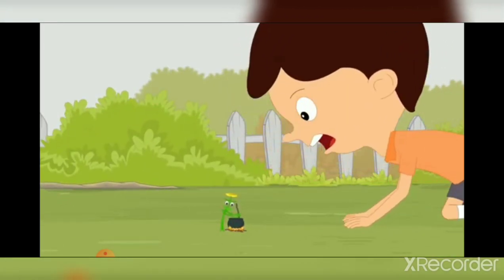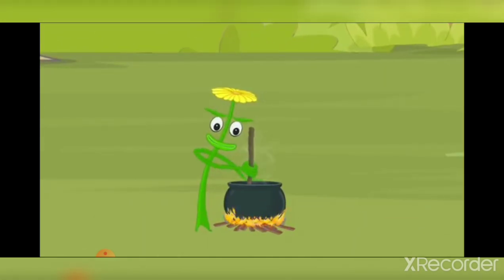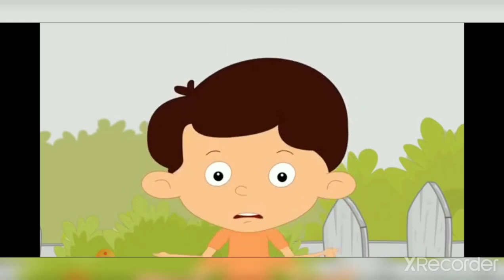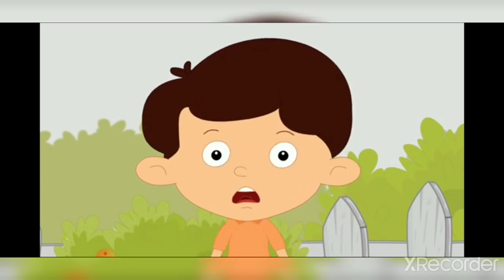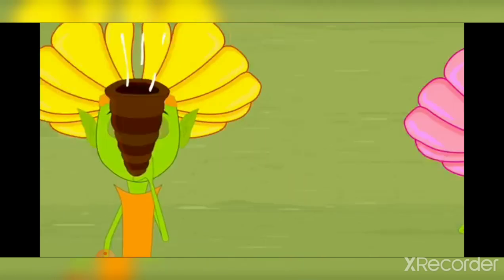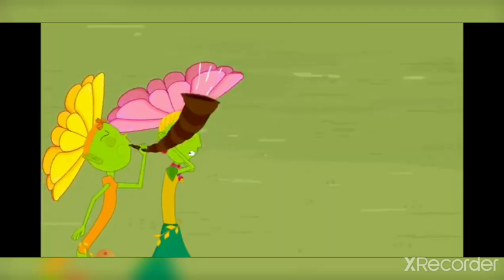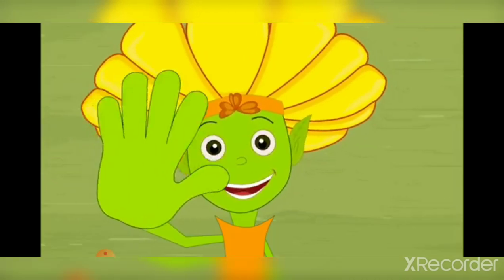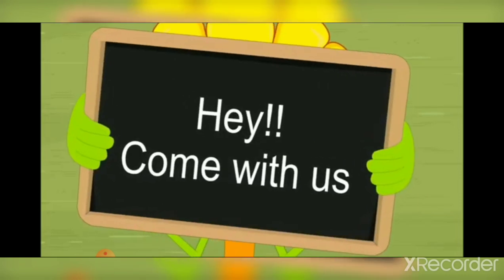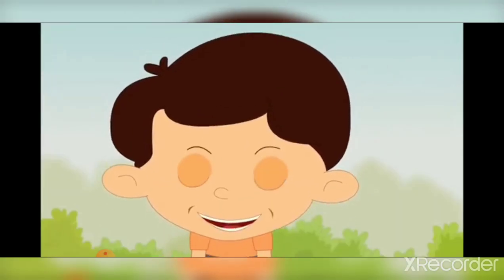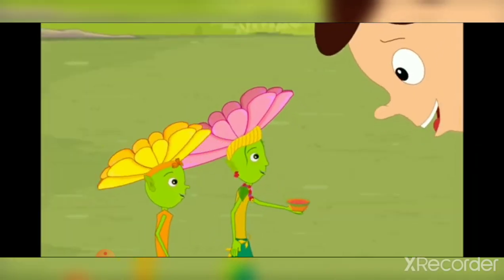Now the leaf of the plant is making food, you can see. Now let's see how a plant makes food. There are two flowers standing there and making noise. The flowers say to the boy, "Hey, come with me." Then the boy goes with them.